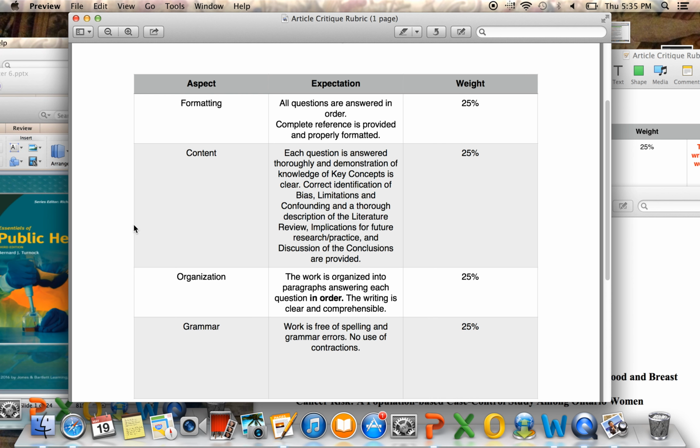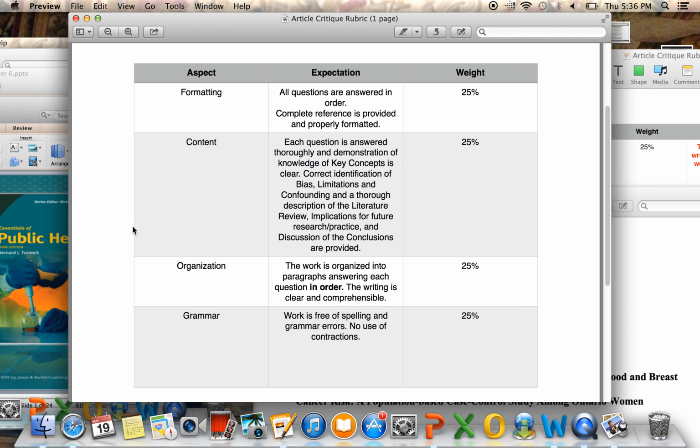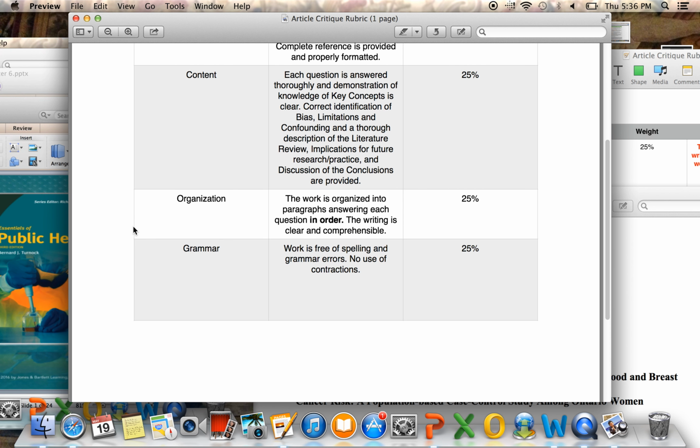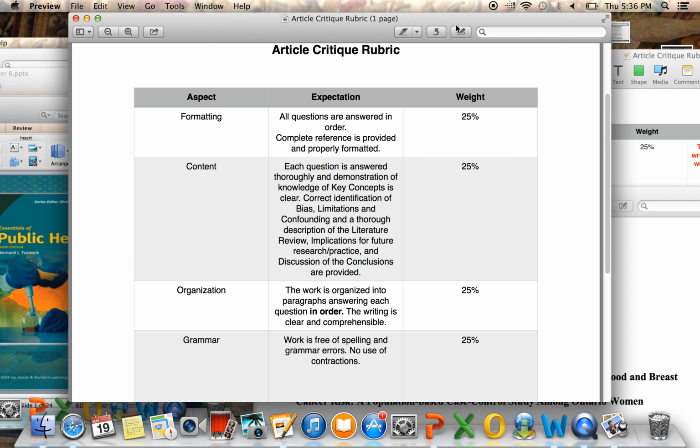Make sure that you correctly identify the bias, the limitations, and possible potential confounding. Make sure that you fully explain the implications for research and practice, and discuss the conclusions, of course. Make sure everything is written nicely so that I can understand it, and the work is free of spelling and grammatical errors. Please do not use contractions. Write out your words fully.